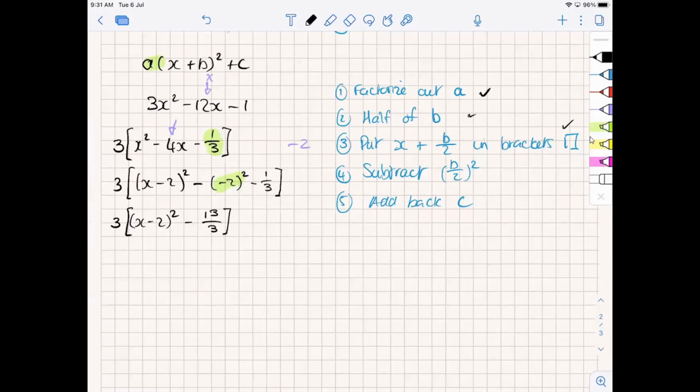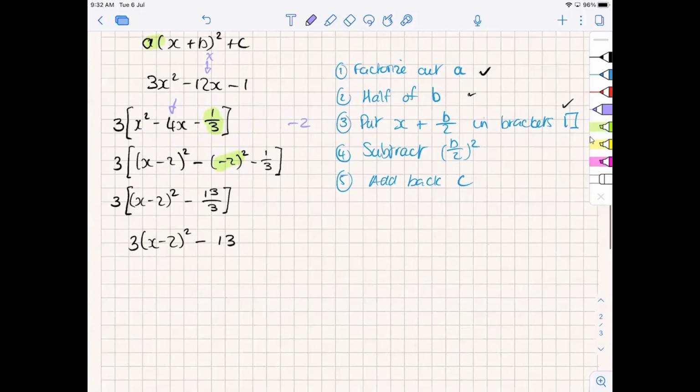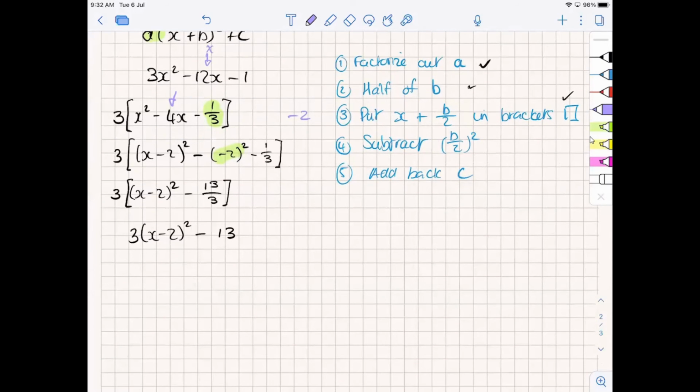This is going to be 3(x minus 2) squared, and you can see that that 3, when it multiplies into minus 13/3, is going to cancel out very nicely and just leave me with minus 13. Because it's been written in this format, this immediately tells me that the turning point of this graph is at (2, minus 13).